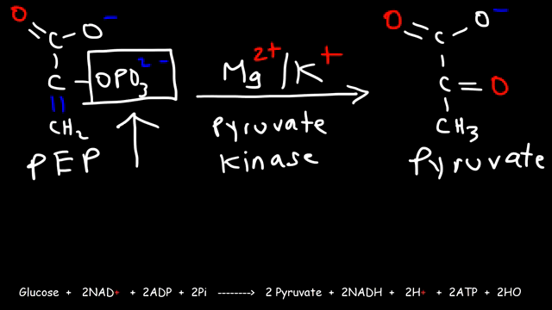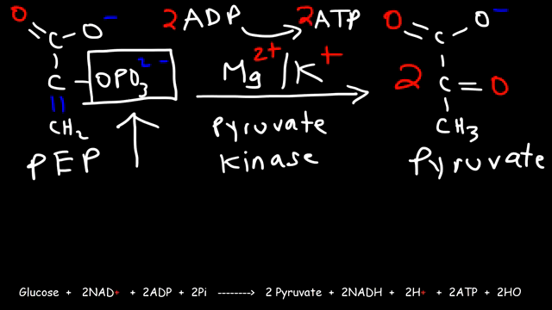Based on the previous examples, we know that it was transferred to a molecule of ADP to produce ATP. Now, for every step in the payoff phase, we need to multiply it by 2 because we know we're going to get 2 pyruvate molecules at the end. So we need to use up 2 ADP molecules to make 2 ATP molecules.